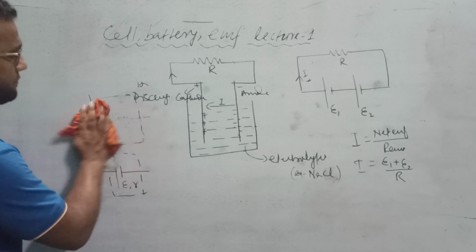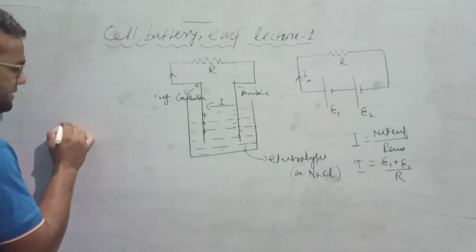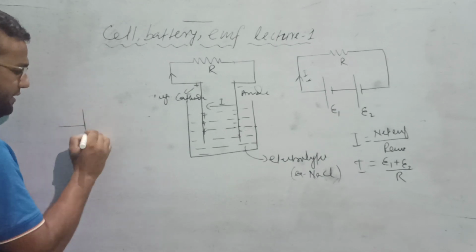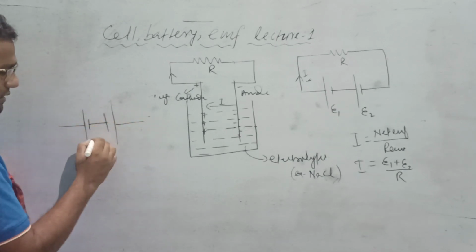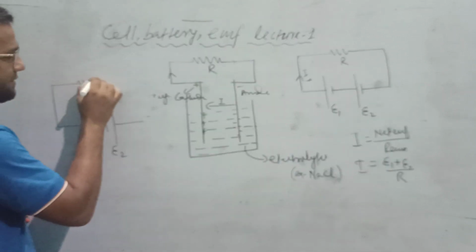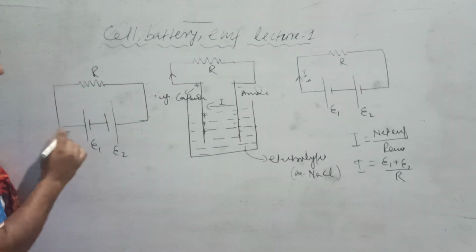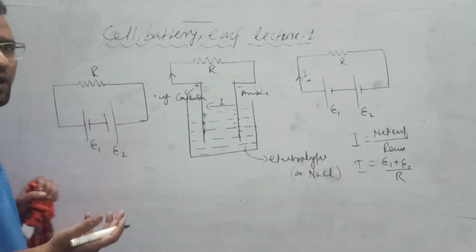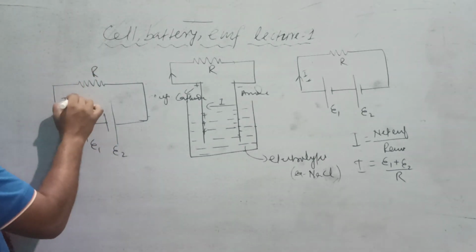But if these are connected like this, if the negative and negative of 2 cells, E1 and E2, are connected, and this will be the external resistance of the circuit. In this case, how can we find the current in the circuit?